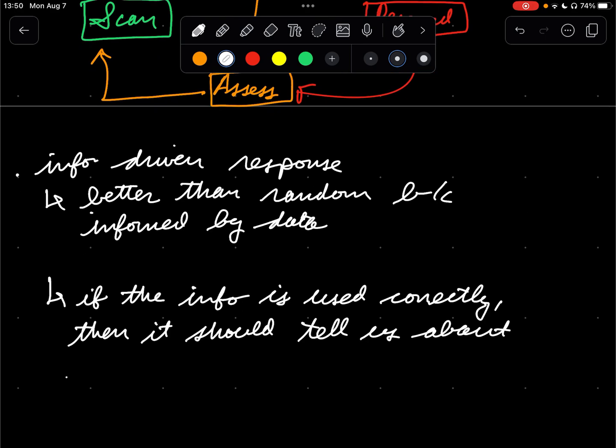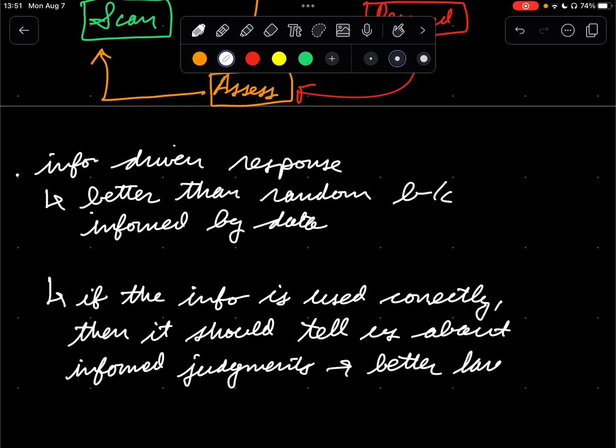We can make informed judgments, and with these judgments we should be able to better target our problem.